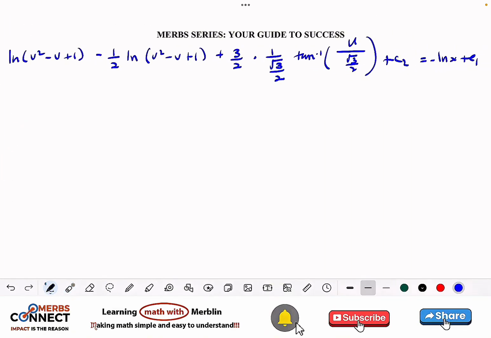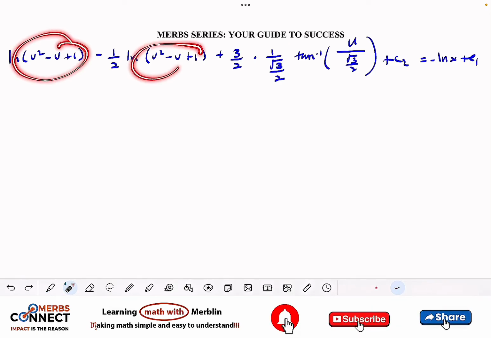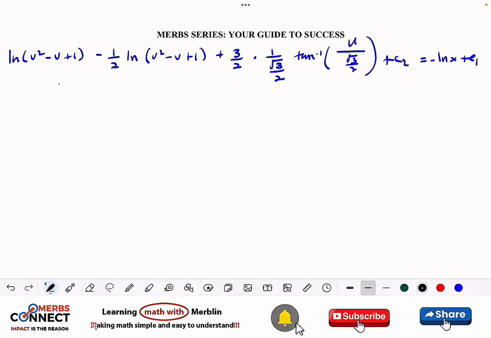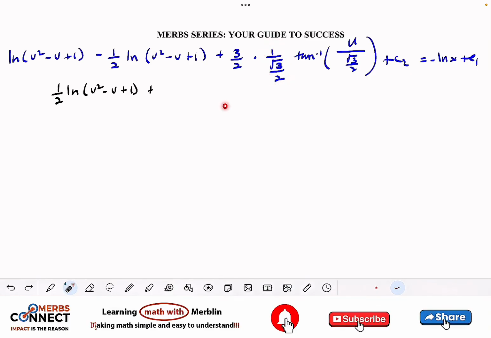So now what can we do? Let's try and simplify something. I can add this to this, and I'm going to have half ln of Vn squared minus Vn plus 1 plus, now this is the same as 3 over 2 times 2 over root of 3.